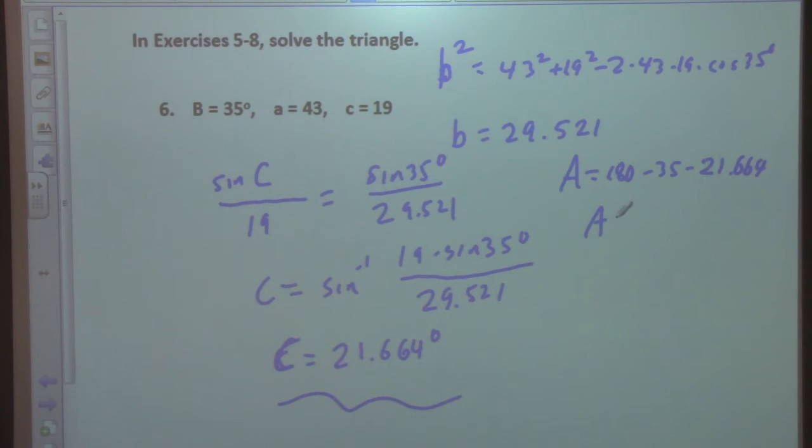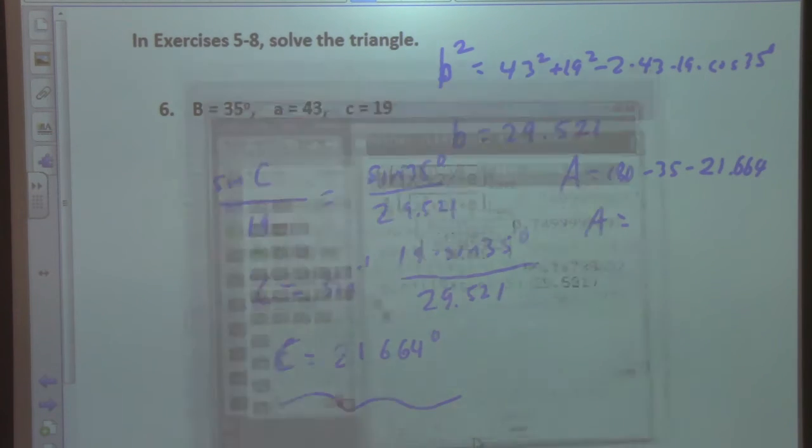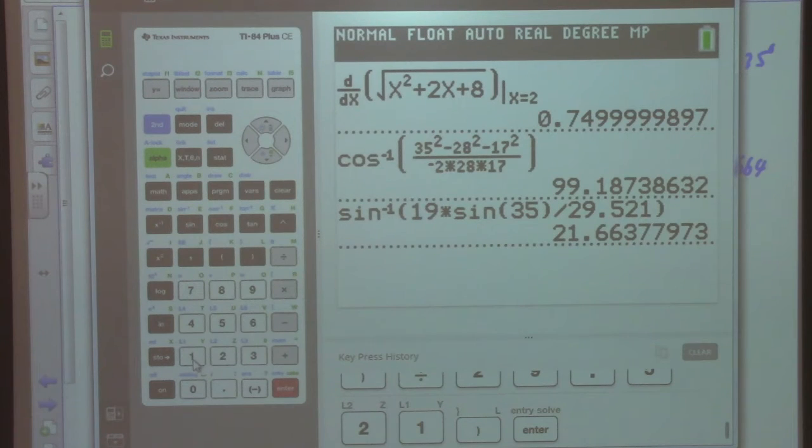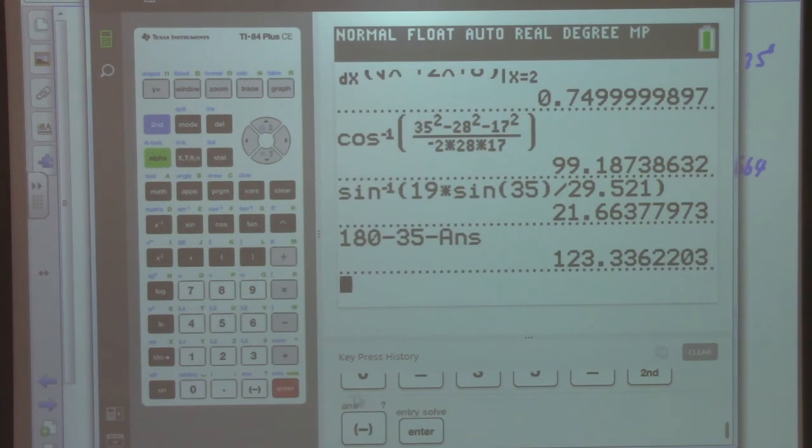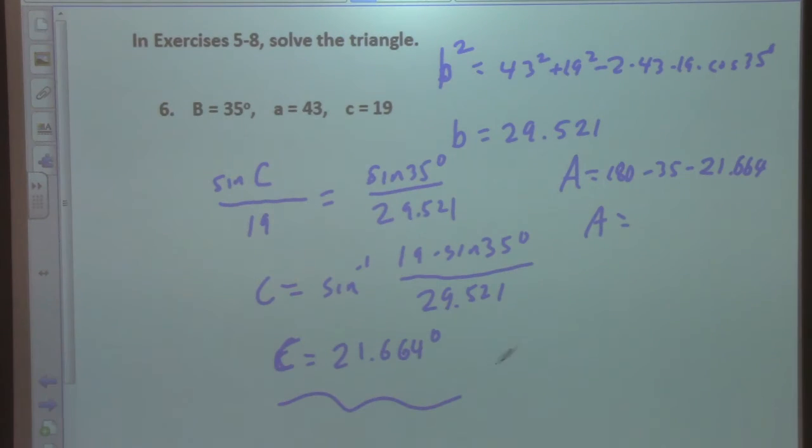So big A is going to be equal to 180 minus 35 minus 21.664, so 123.336. Did anybody get that for angle A? 123.6, does that look right? Is that what you got, Emma?